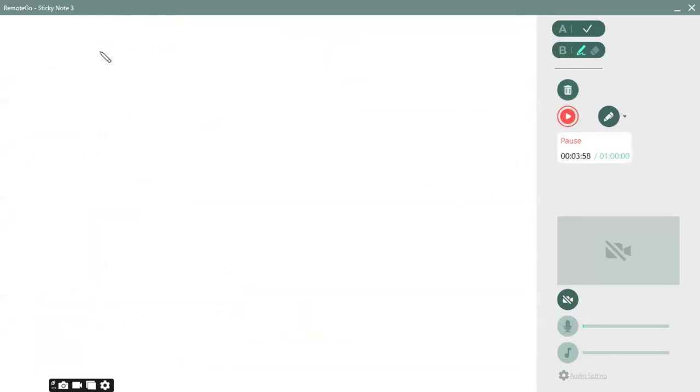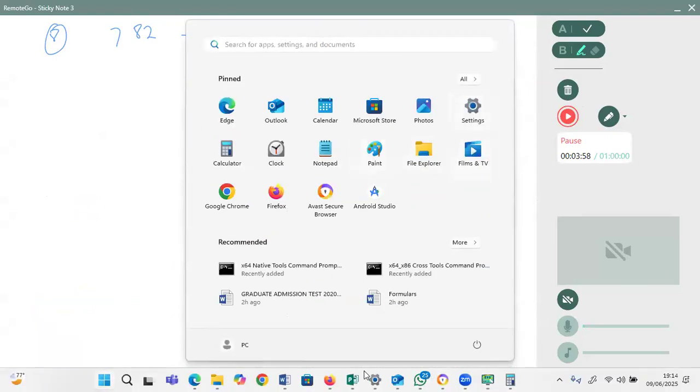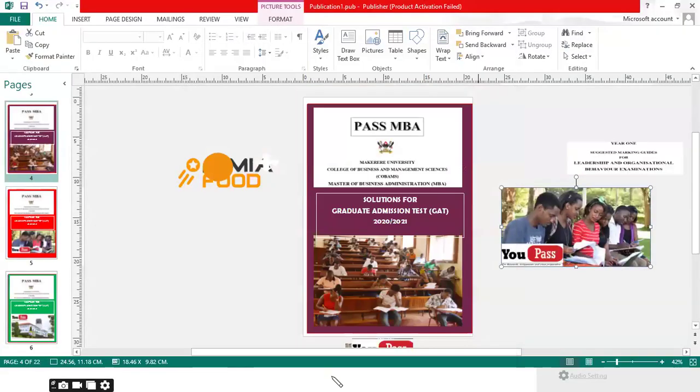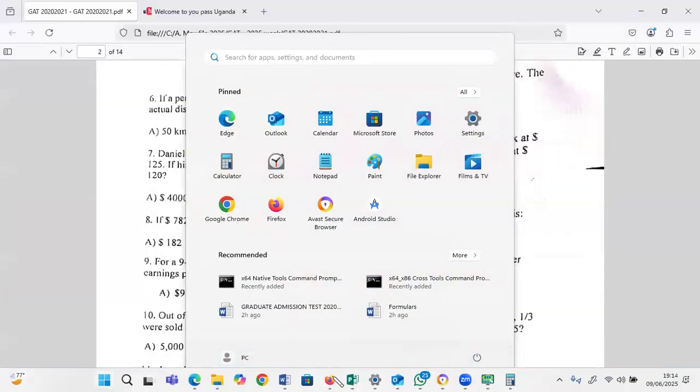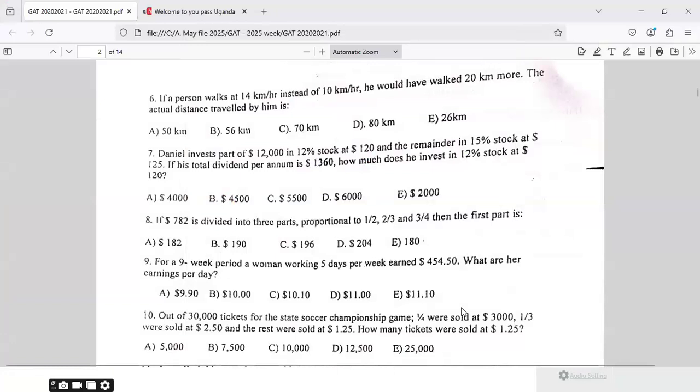So this is question 8: this value 782, if it is divided in proportions of a half, 2/3, and then 3/4, then the first part is what?